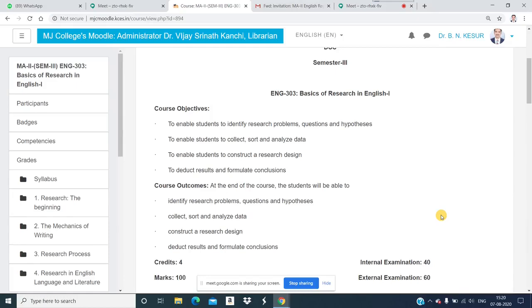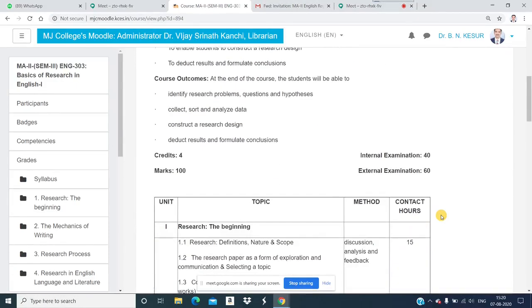Now I hope you are also aware that almost all the courses in MA Part 1 and Part 2 have 4 credits each. The 4 credits will be divided into some credit hours.